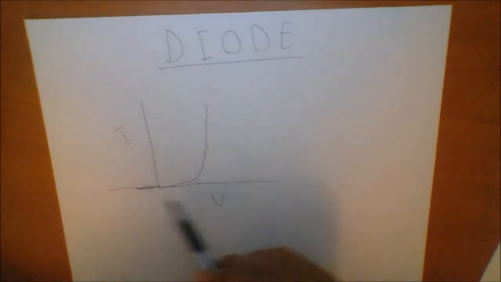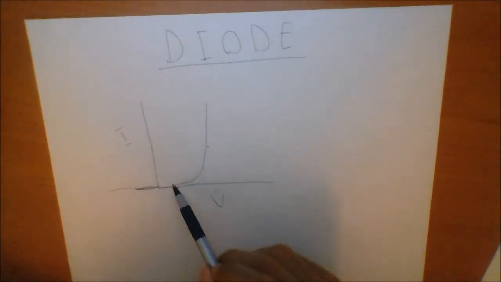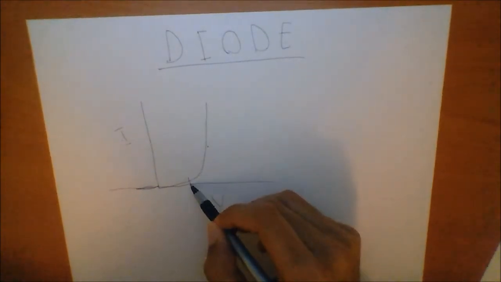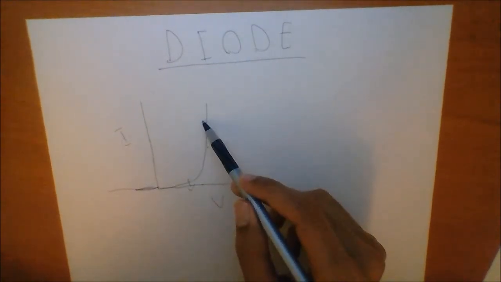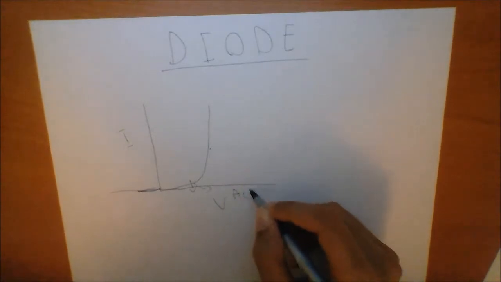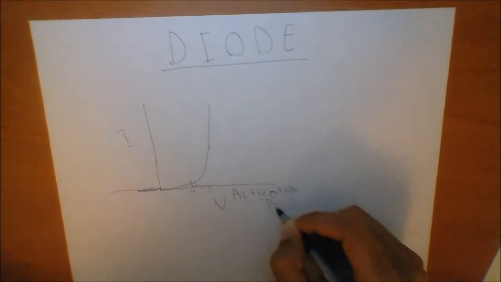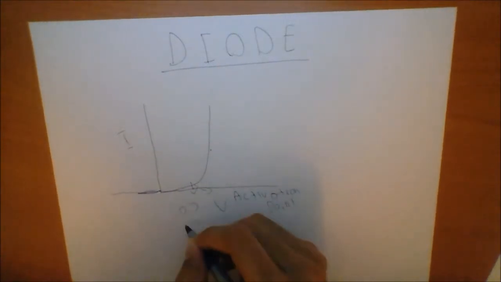Now, as you have a diode, once you apply a voltage to the diode, the current will always be zero. Always. And then, as you get to a certain point, past that voltage, the current will be infinity. And this point is called the activation point. The activation point is usually 0.7 volts for silicon diodes.